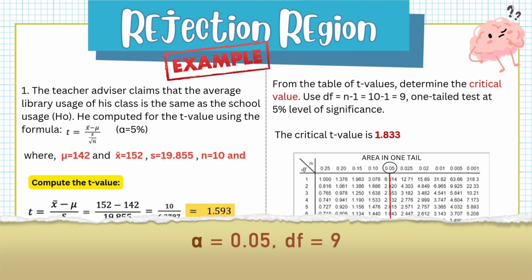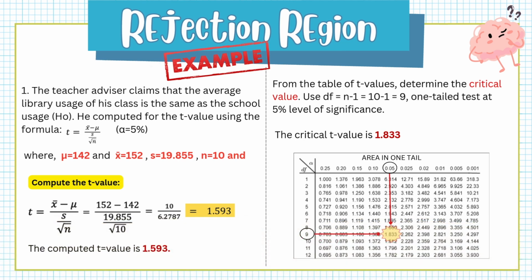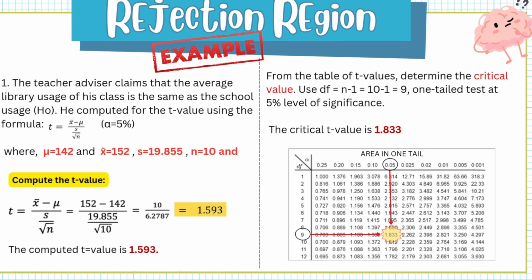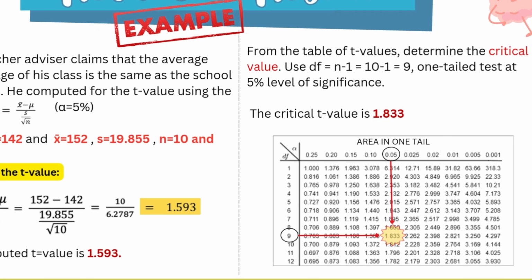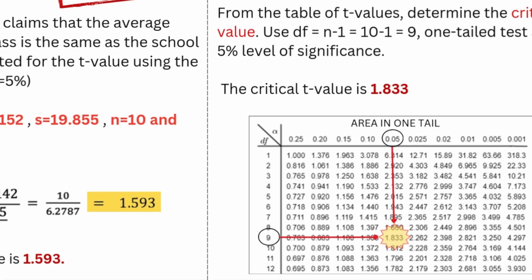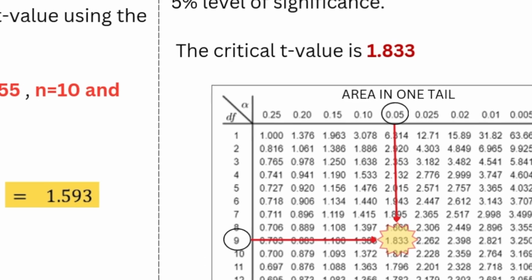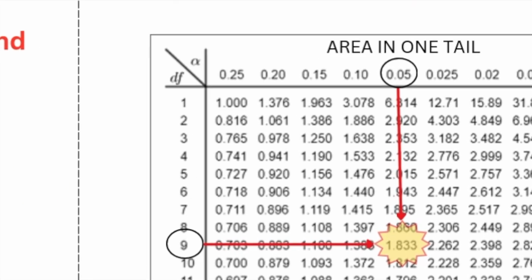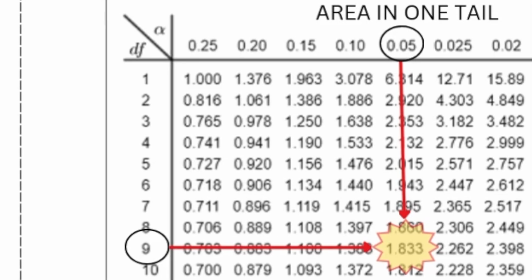So this is our alpha, 0.05, the equivalent value of 5%, and the degrees of freedom, which is 9. We locate the intersection, which is 1.833. And this is now our critical t-value.